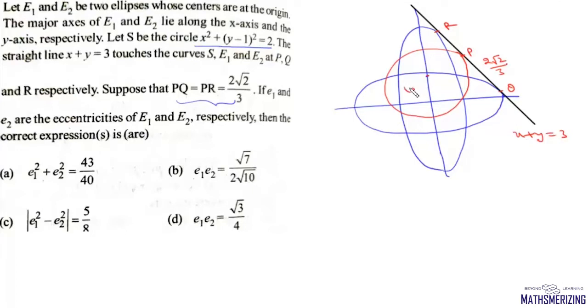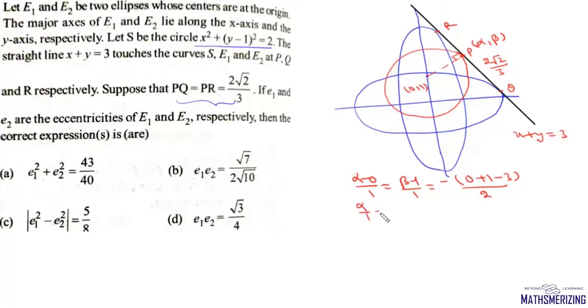Now what we'll do is, since we have the center of this circle which is (0, 1), we'll find the coordinate of P, and we know that P is nothing but the foot of perpendicular from (0, 1) on this tangent which is x plus y equals 3. So let this point be (alpha, beta), then we can write (alpha minus 0) upon 1 equals (beta minus 1) upon 1 equals minus (0 plus 1 minus 3) upon 2.